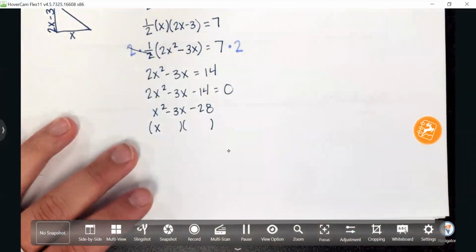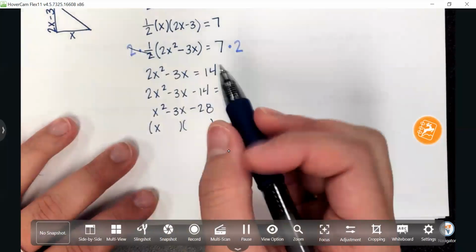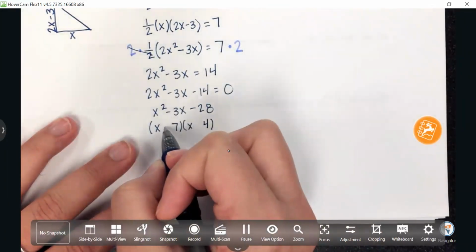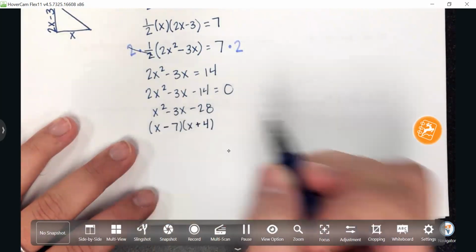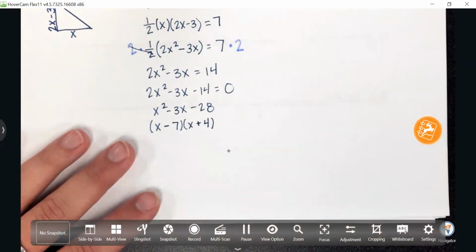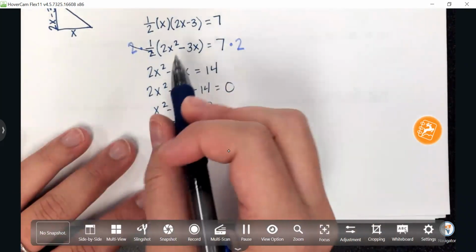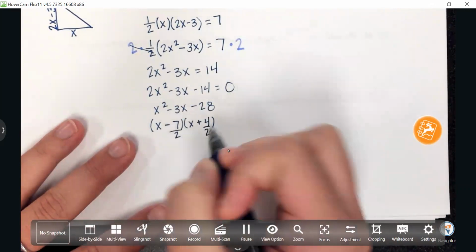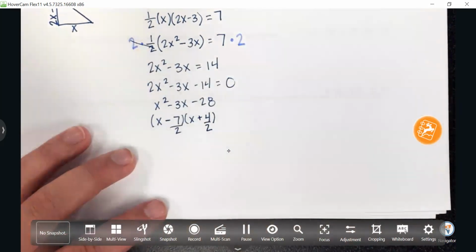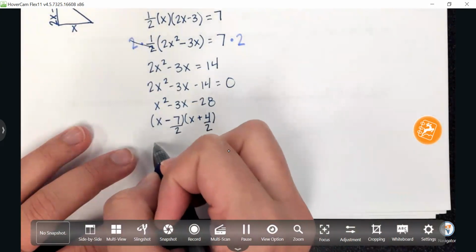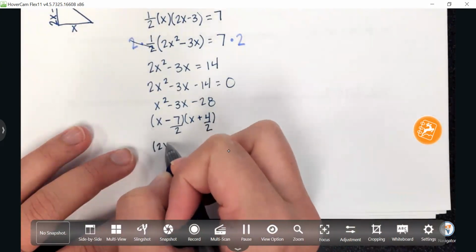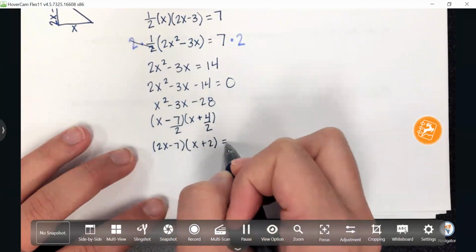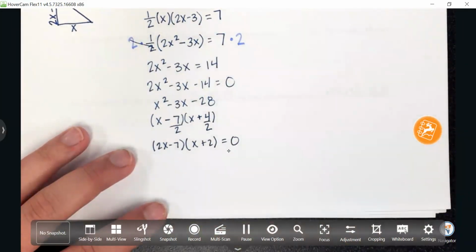What gives me 28? 7 and 4. To get a -3, I need a -7 and a +4. Since I multiplied by 2, I have to come back and divide by 2. 7 can't be divided by 2, so 2x minus 7 and x plus 2 has to equal my 0.